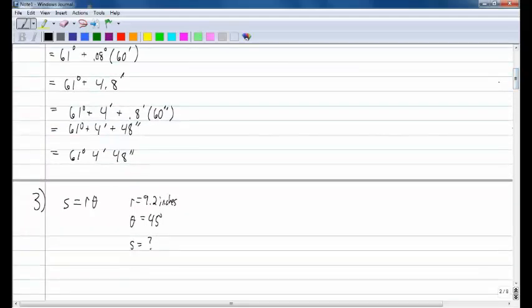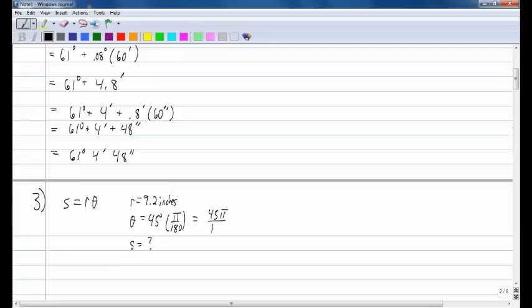Alright, so we need a radius and an angle measure. We have a radius, 9.2 inches, and an angle measure of 45 degrees. We need to change that over to radians. The way that you change degrees to radians is you multiply by pi over 180 and reduce.